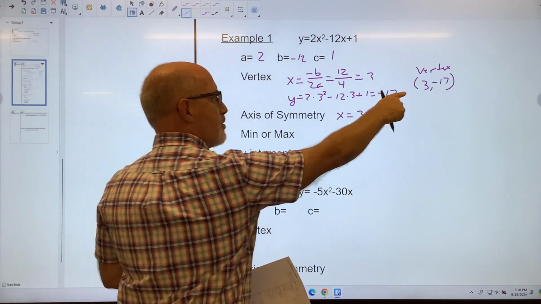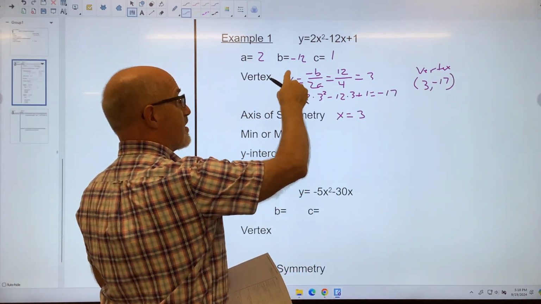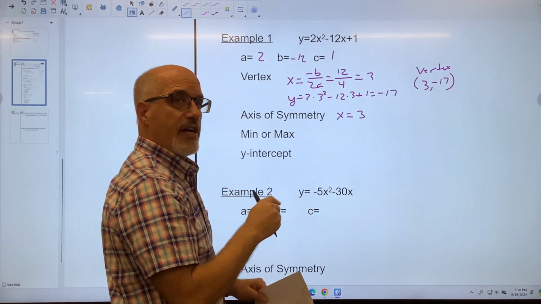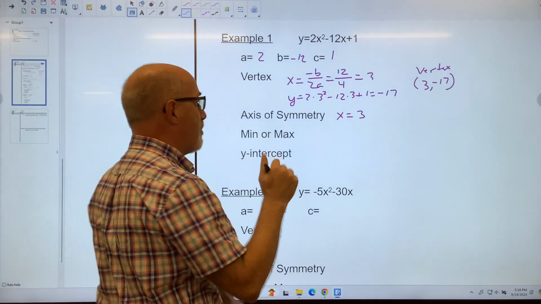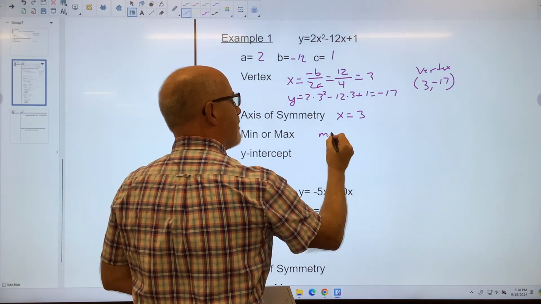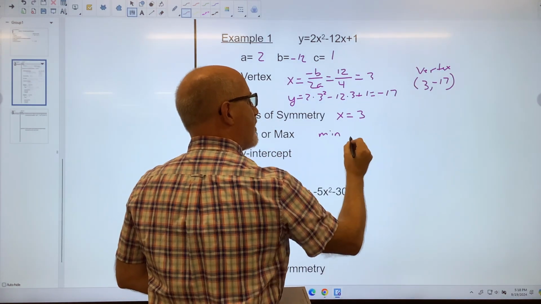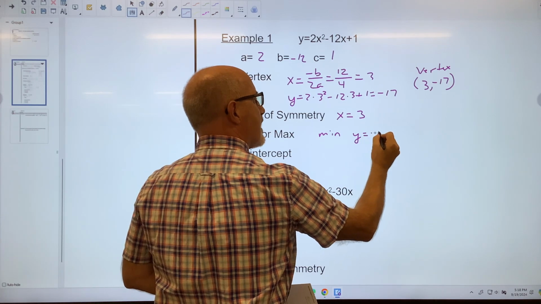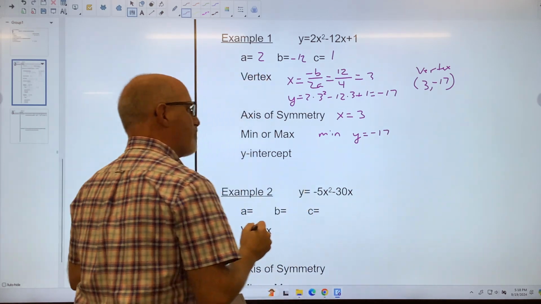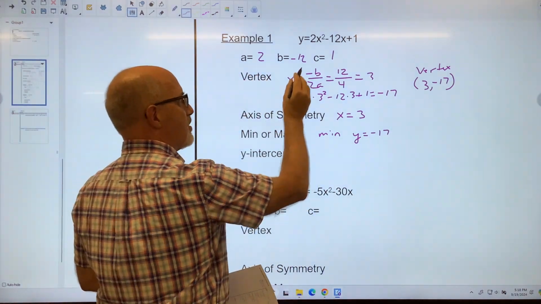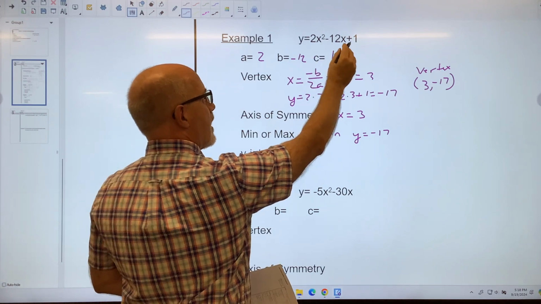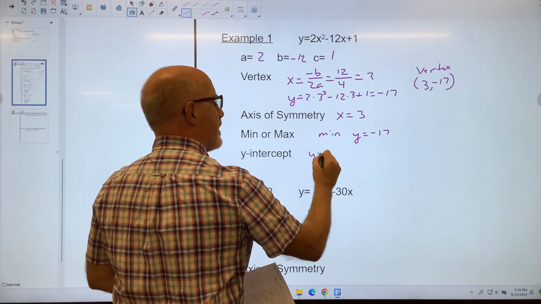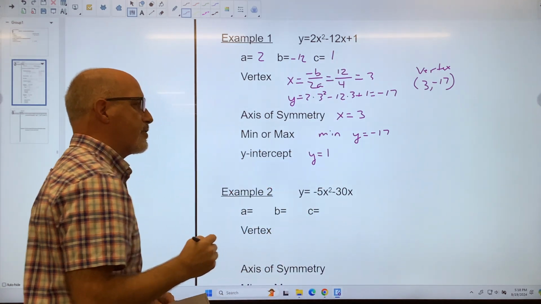The axis of symmetry is the x value. Since the a value is positive, it opens up, so I'm going to have a minimum at the y value at the vertex, negative 17. And for the y-intercept, I put in 0 for x and I just get y equal to 1.